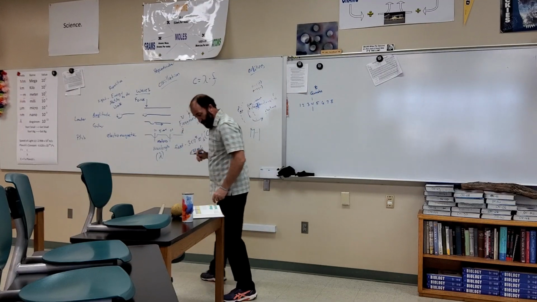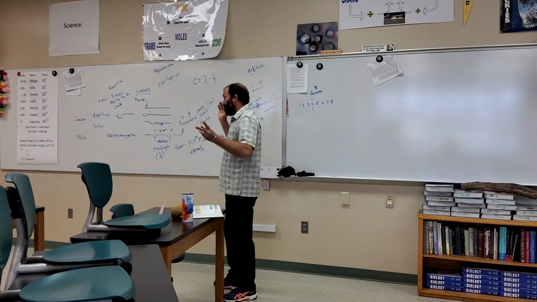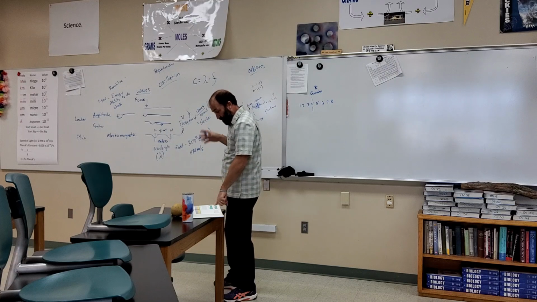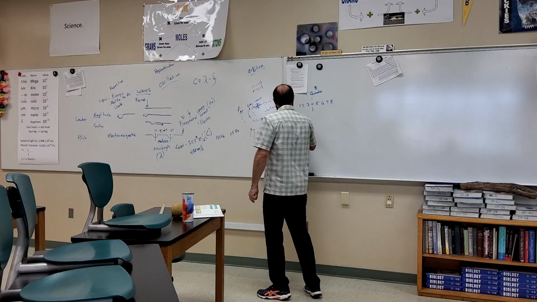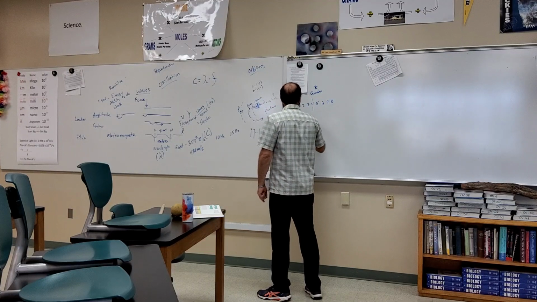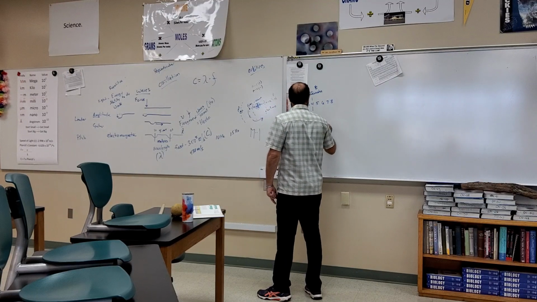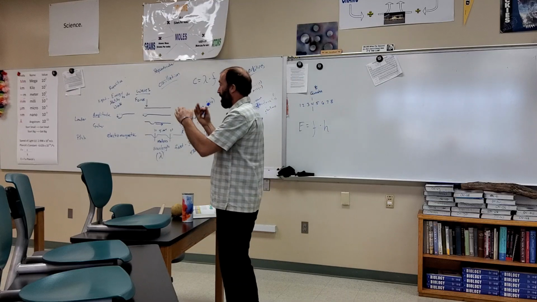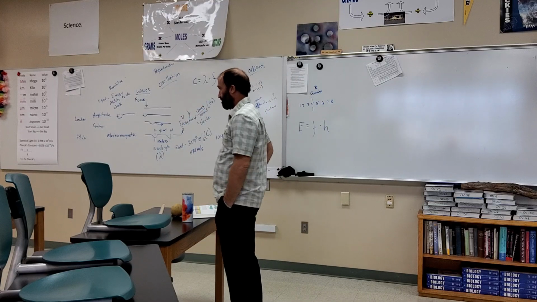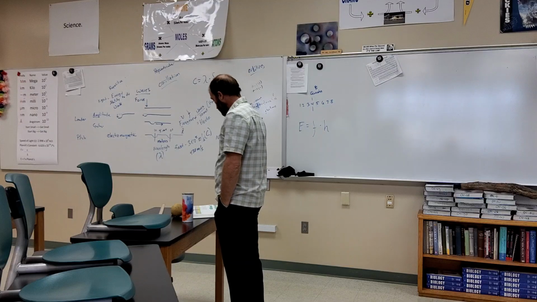And a number that I had to invent. So we call it Planck's constant. And so energy equals frequency times Planck's constant, which is a number that he came up with to kind of help relate these two things together.